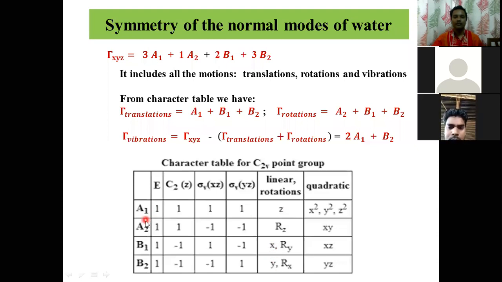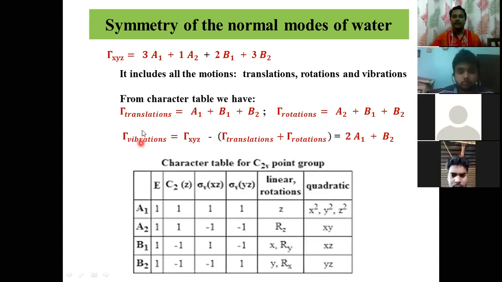So that is a1, then b1 and b2, right? And then rotations, they go along rz, ry, and rx. So rz goes along a2, ry goes along b1, and rx goes along b2. So those are the rotations we are going to get.